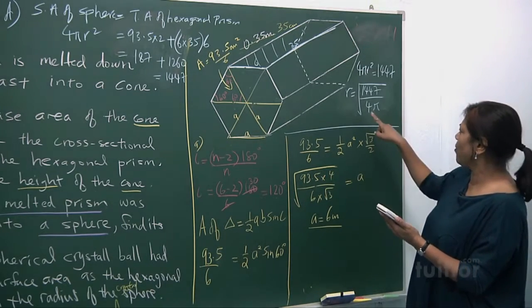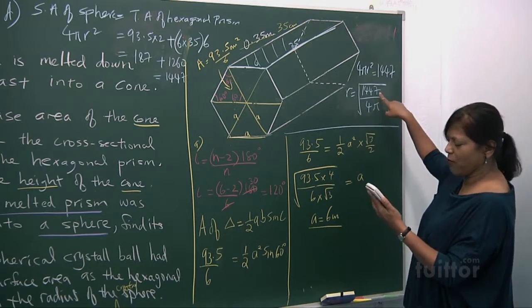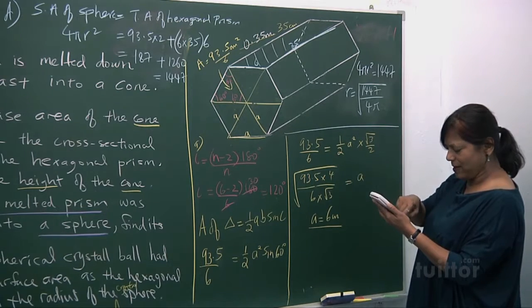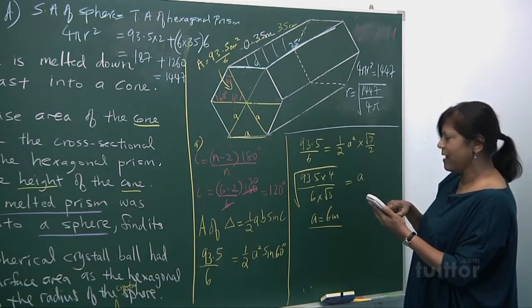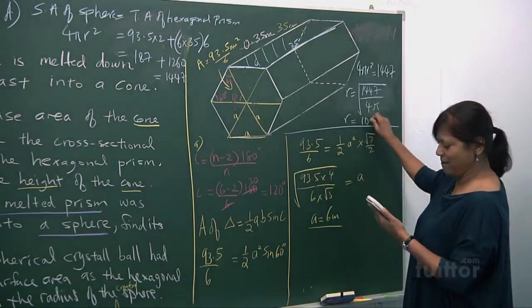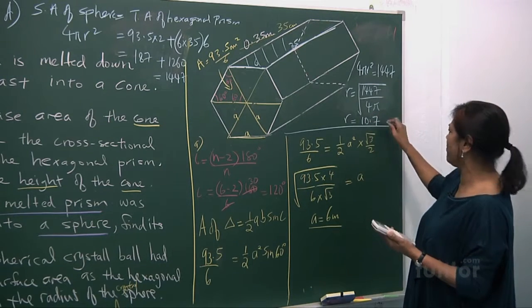You've got 115 here, and then you find the square root of it. Ooh la la, I've got 10.73, but I shall put it to 3 significant figures.